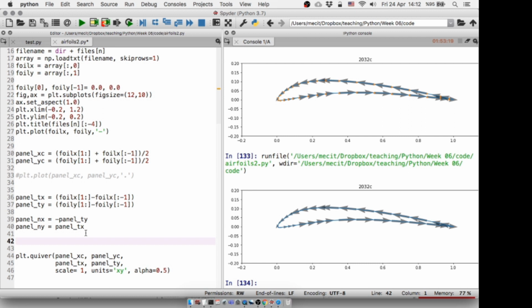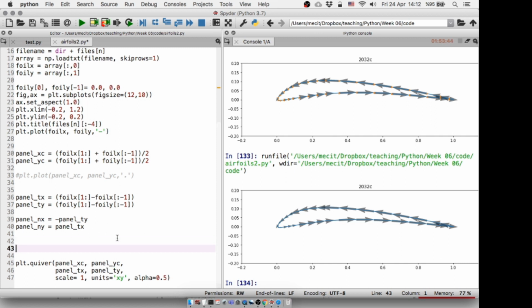And the next step, I want to make this a unit vector also. How do I do that? I can get the length of my panels and then divide. I have done this with a function before. I can open that function if I want to, or I can define it again here. Instead of bringing the function in, this is rather straightforward, so I want to do it directly here.